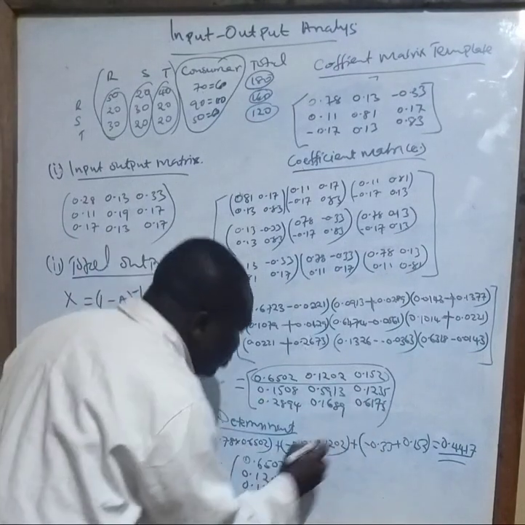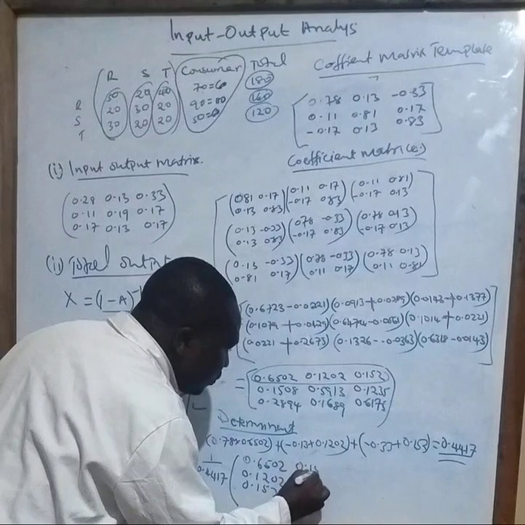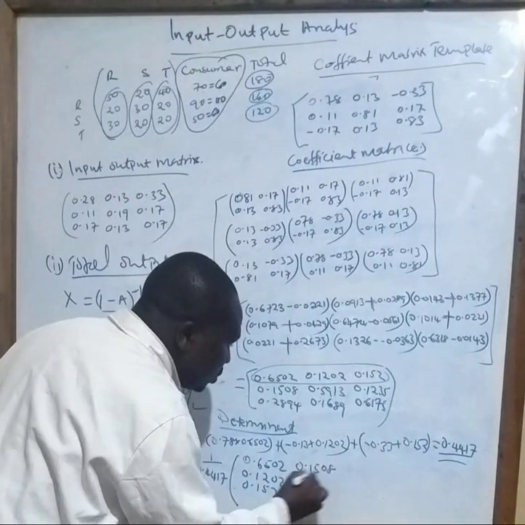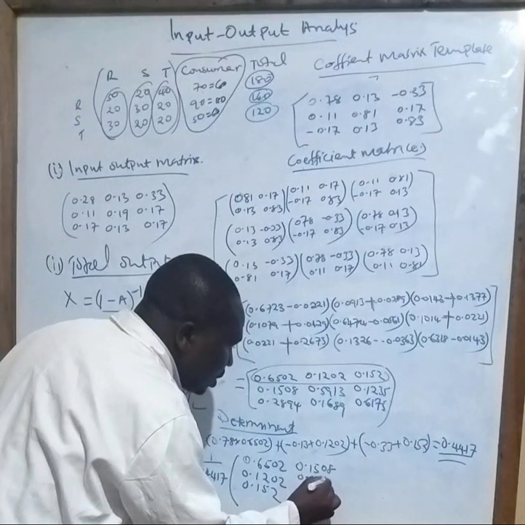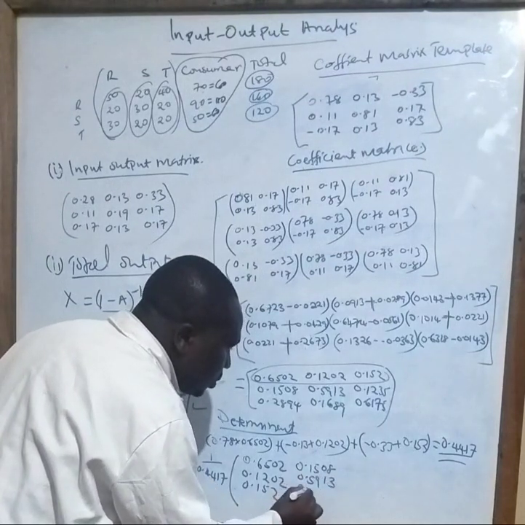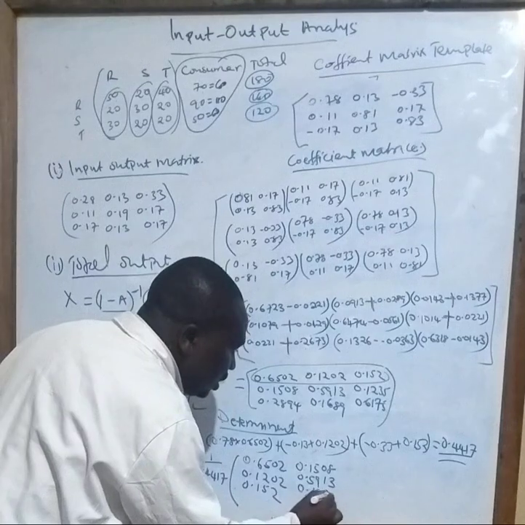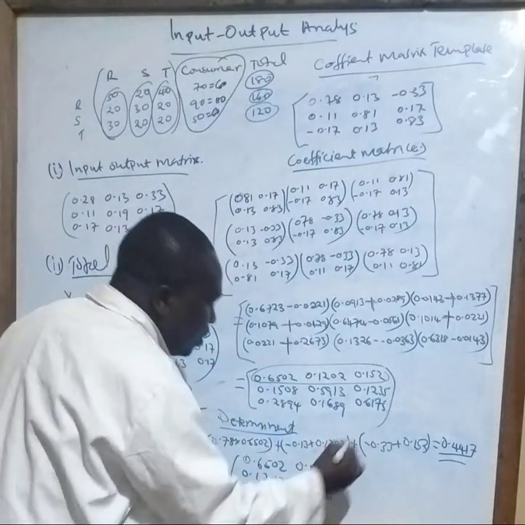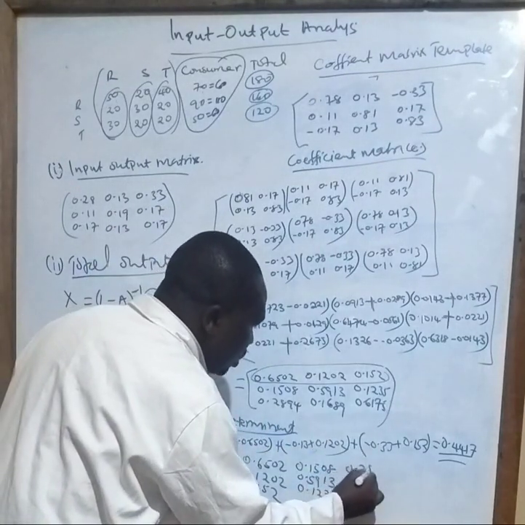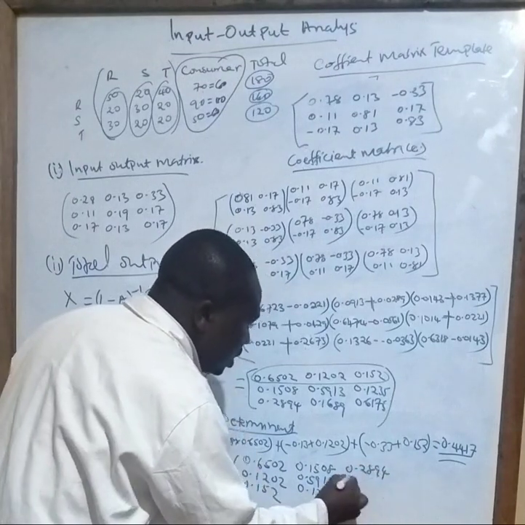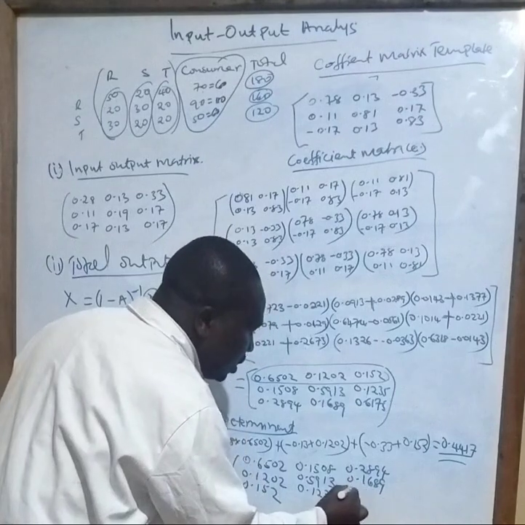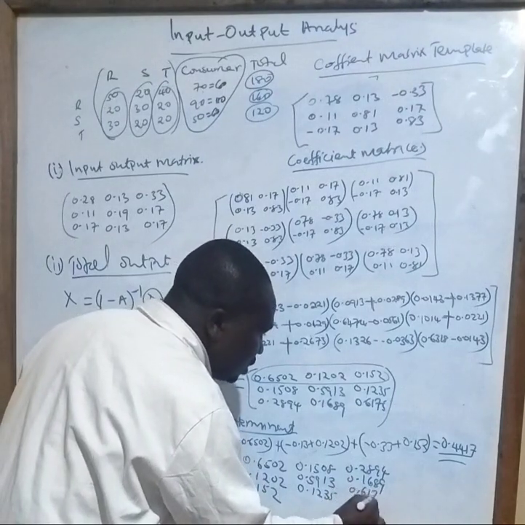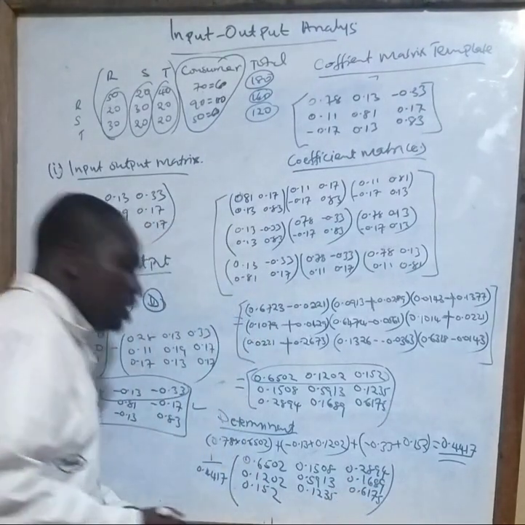The second row becomes 0.1508, 0.5913, then 0.1235. Then the last row, 0.2894, then 0.1689, then 0.6175. So that is the inverse.